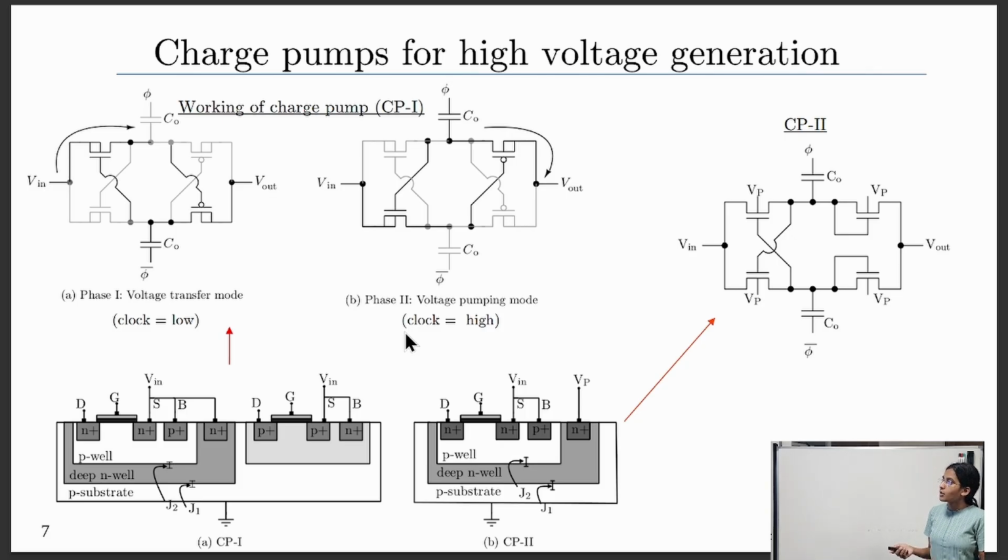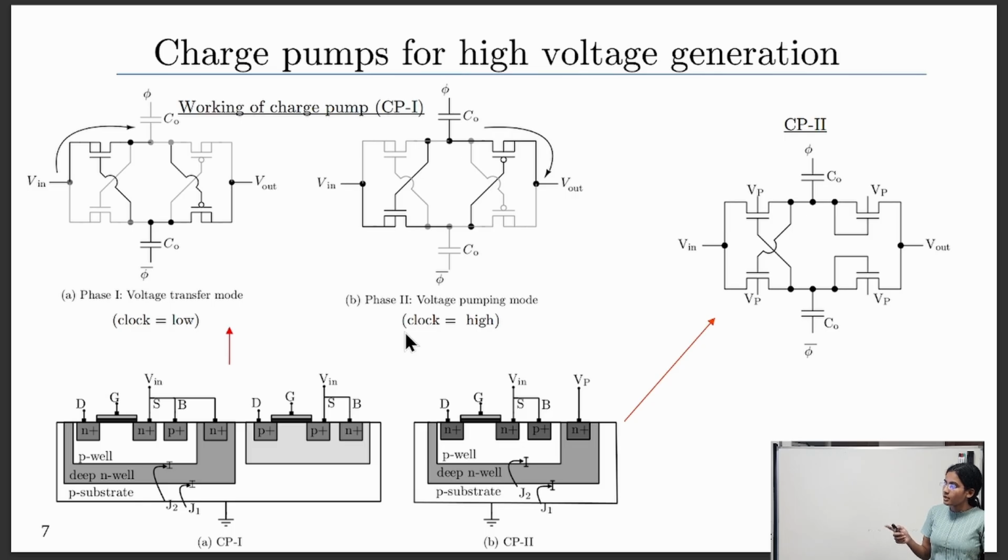One thing to note is that the maximum voltage that can be generated by cascading multiple stages of CP1 is limited by the junction breakdown voltage of junction J1. Here we have used triple well transistors. We can see the cross section of CP1 in the first figure.